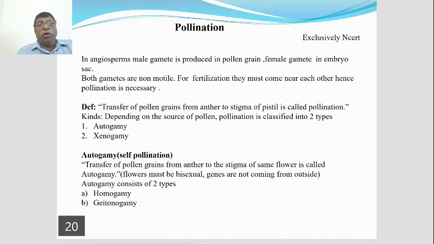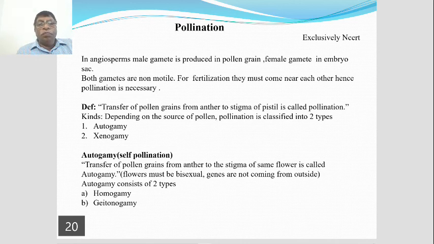In angiosperms, the male gamete, namely the sperm, is produced in the pollen. In turn, the pollen is produced in the anther of the stamen. Whereas the female gamete, namely the ovum or the egg, is produced in the embryo sac of the ovary.